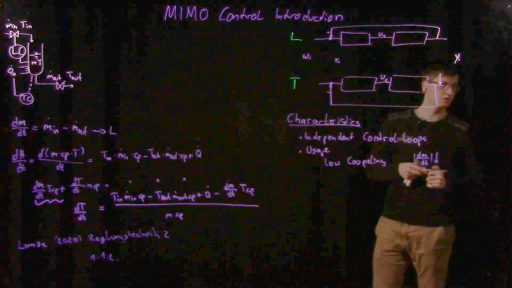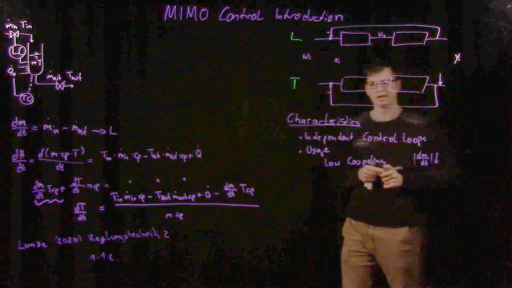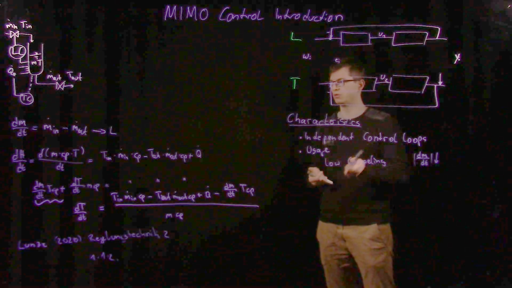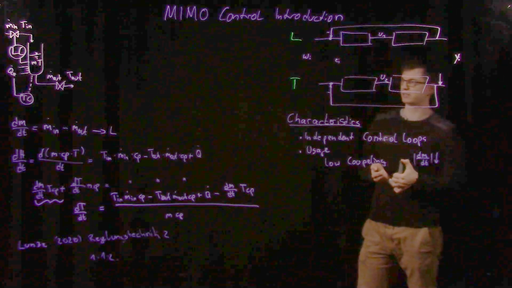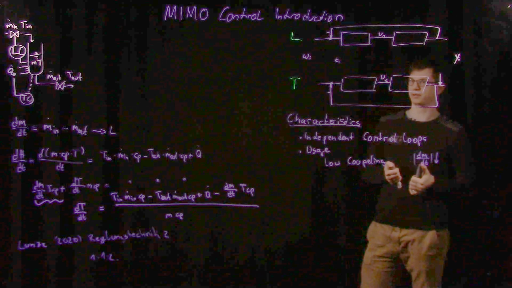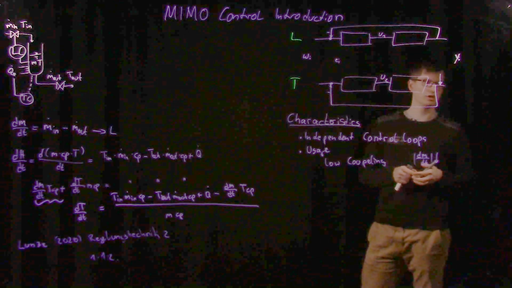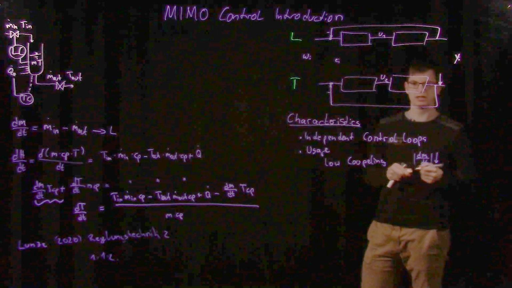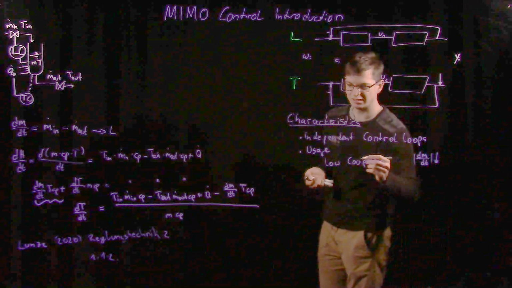Now it fits. Okay, why do we want to use it? I mean, now we know that the control loops are dependent on each other. Why should we use independent control loops anyway? It's cheaper, it's easier to implement.